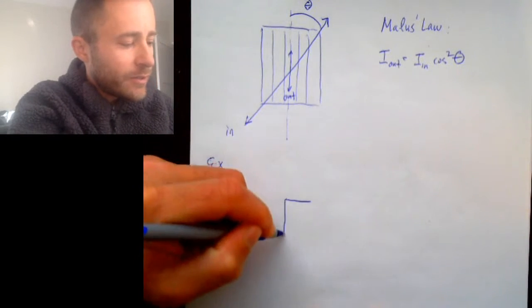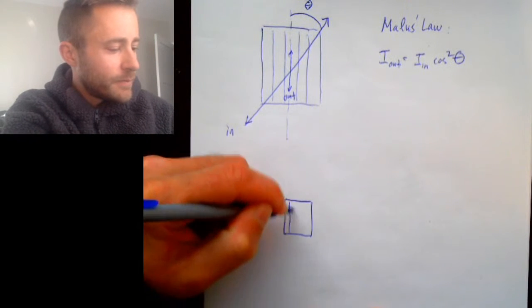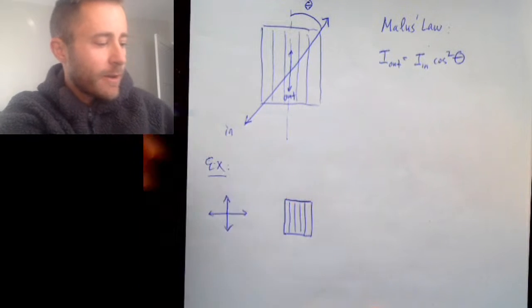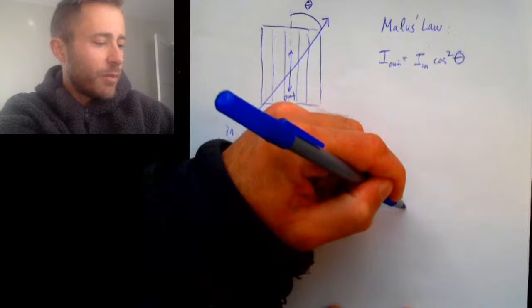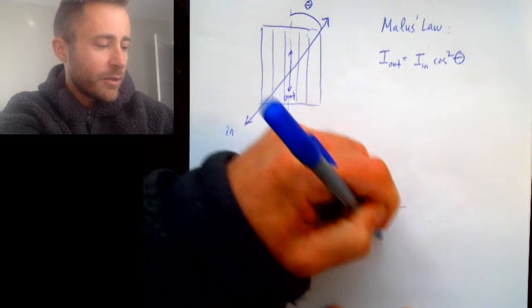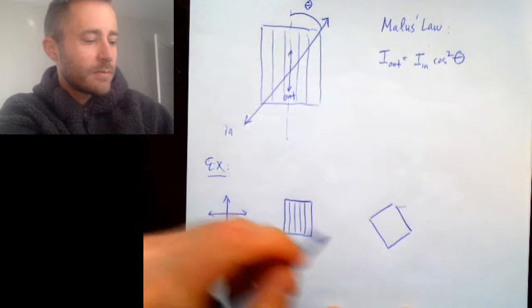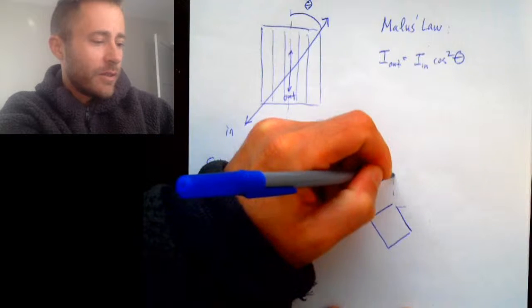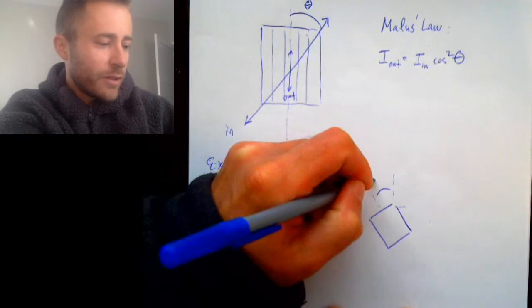It hits an up and down polarized filter, and then it's fed into a polarizing filter that has an angle of 20 degrees. So this angle that it's rotated is 20 degrees.